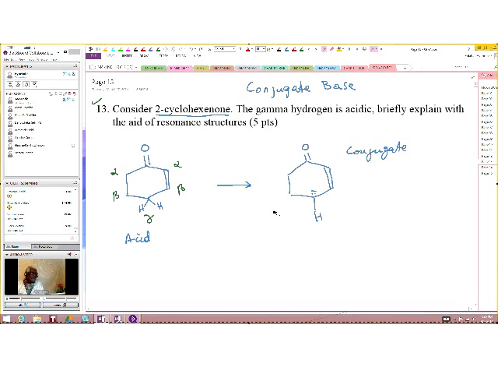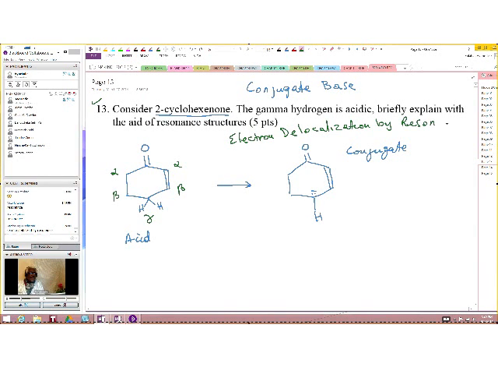In other words, what we need to do here is to explain that as a result of resonance, this conjugate base is stabilized. There is going to be electron delocalization by resonance.